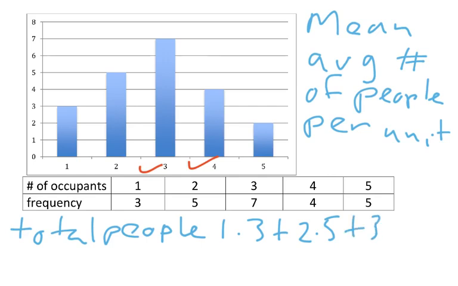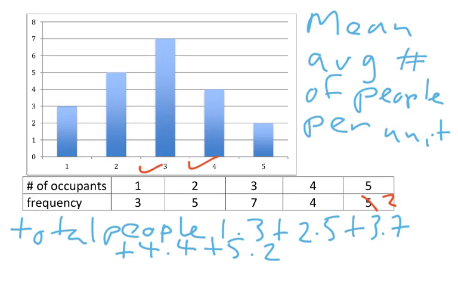plus 3 people in 7 units, plus 4 people in 4 units, and 5 people, and, excuse me, that's a wrong number right there. That number should be 2. 5 people in 2 units.